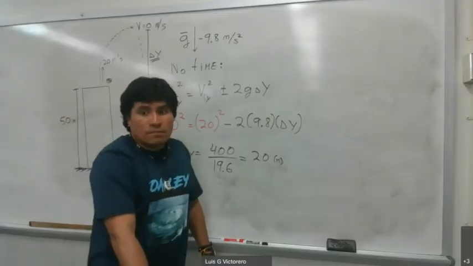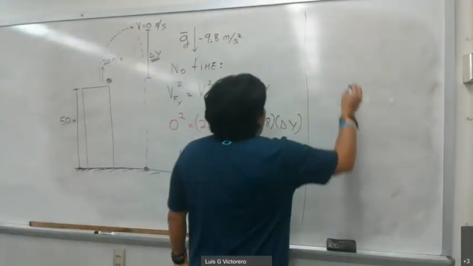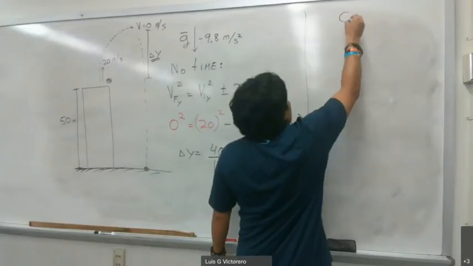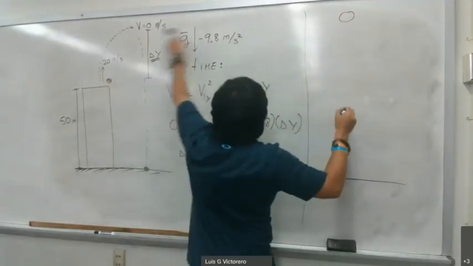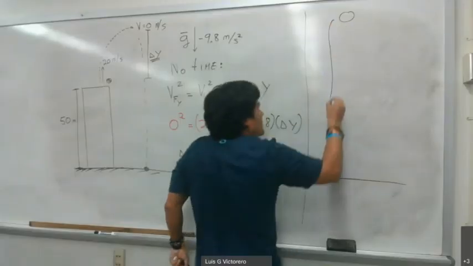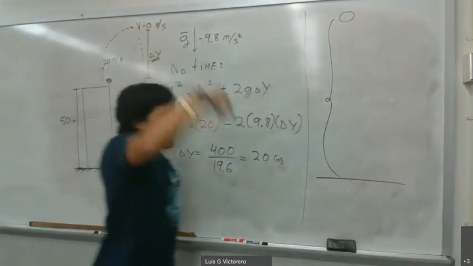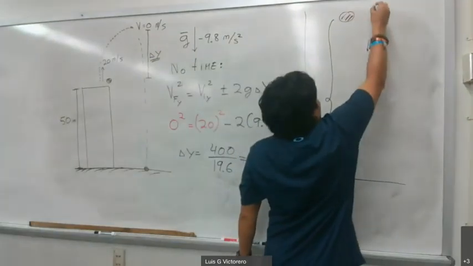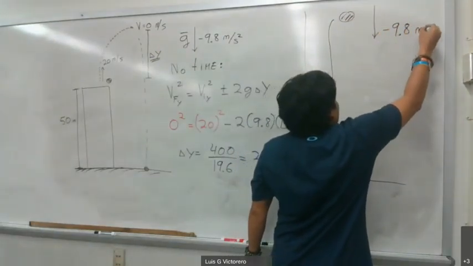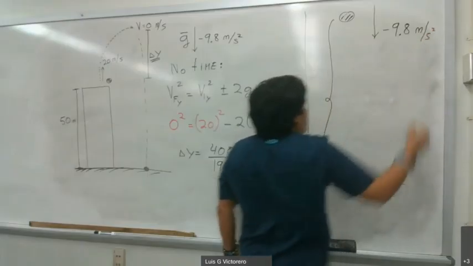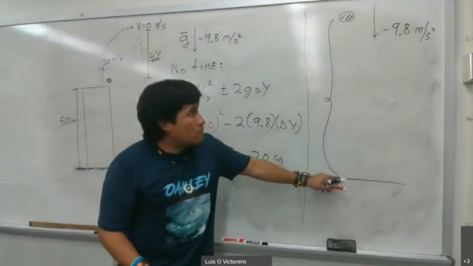Now the ball is coming down. How far? The ball is here, right? How much is the height in the downward motion? We need that to know how long it takes to reach this point.